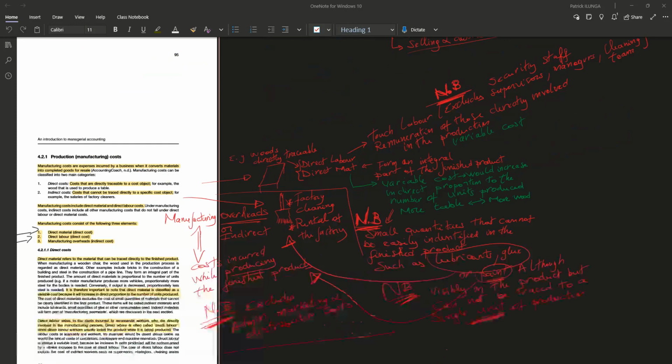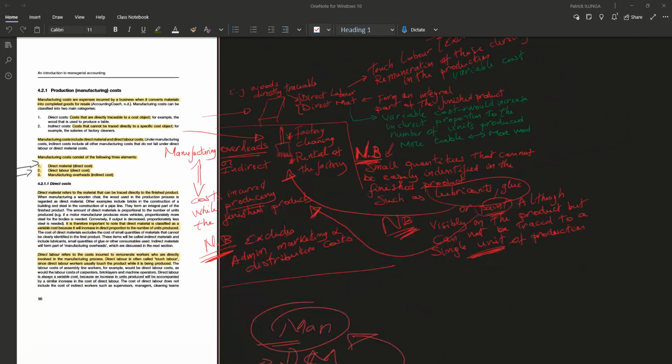For the direct labor, it is also known as the touch labor. So we are specifically talking about the workers who are directly involved in the manufacturing process. So that's why we understand it as touch labor. So the direct labor workers usually touch the product while it is being produced.